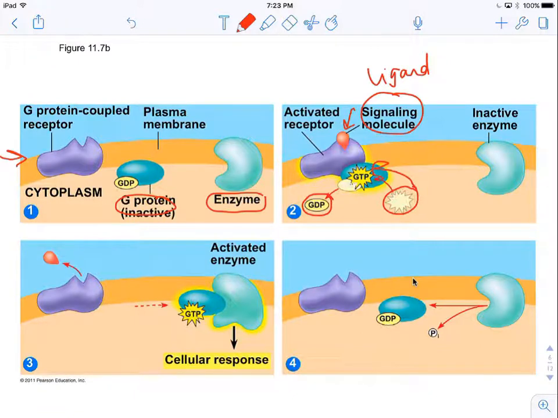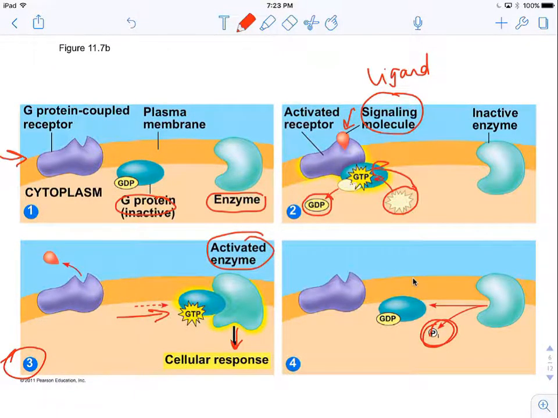And then let's go down here to step 3. Once it's activated, the G protein goes and binds to the enzyme and activates the enzyme. And then the enzyme releases something that can cause a cellular response, or response in the cell. Okay, and that something is almost always a phosphate.